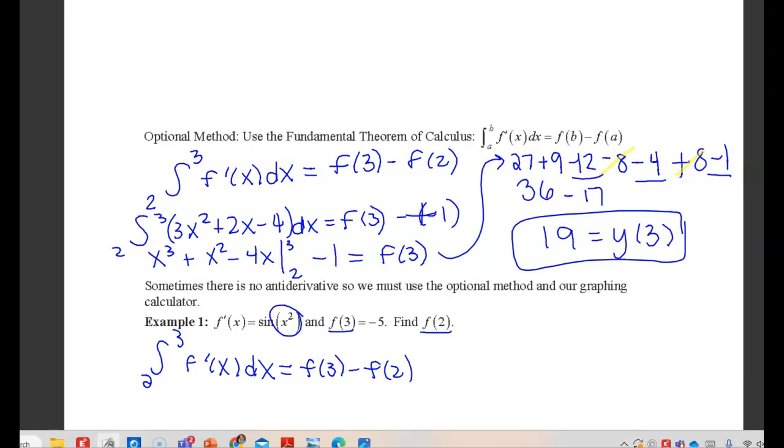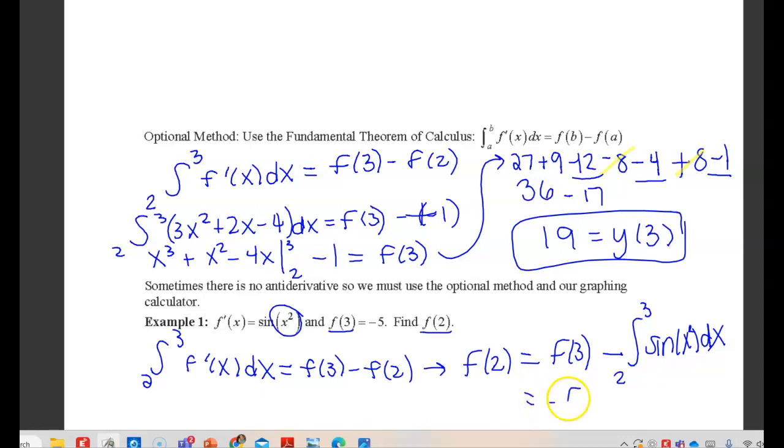So if I add that f of 2 to the other side, I get f of 2 equals f of 3 minus the integral from 2 to 3 of sine x squared dx. So -5 minus whatever that value is. I'm going to check my calculator in front of you.